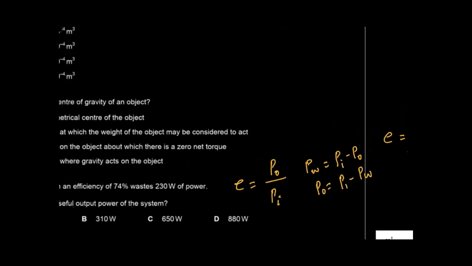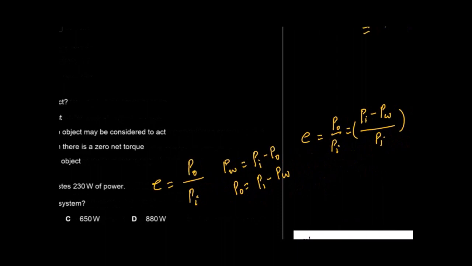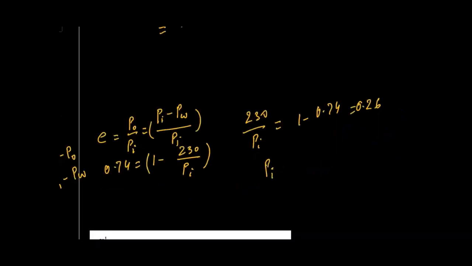Now putting in the values, efficiency is 0.74, which is equal to 1 minus waste, 230, upon input power. So P input is equal to 230 upon 0.26. From here we can find Pi is 886.